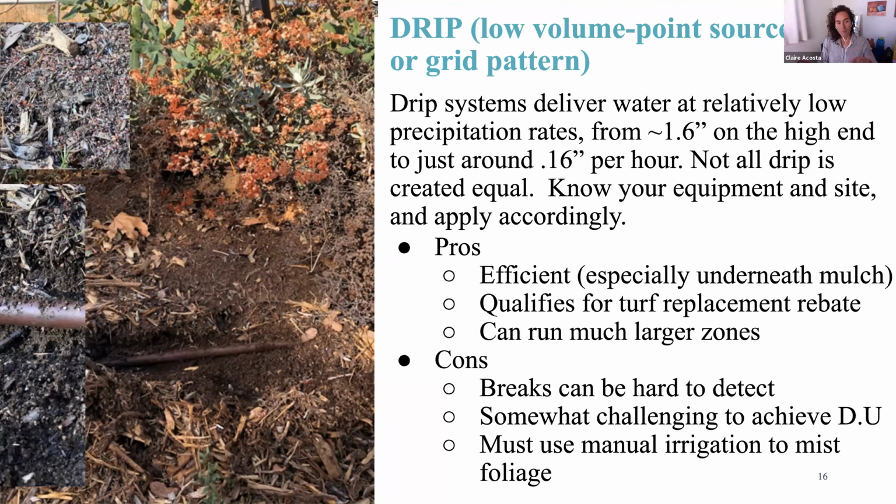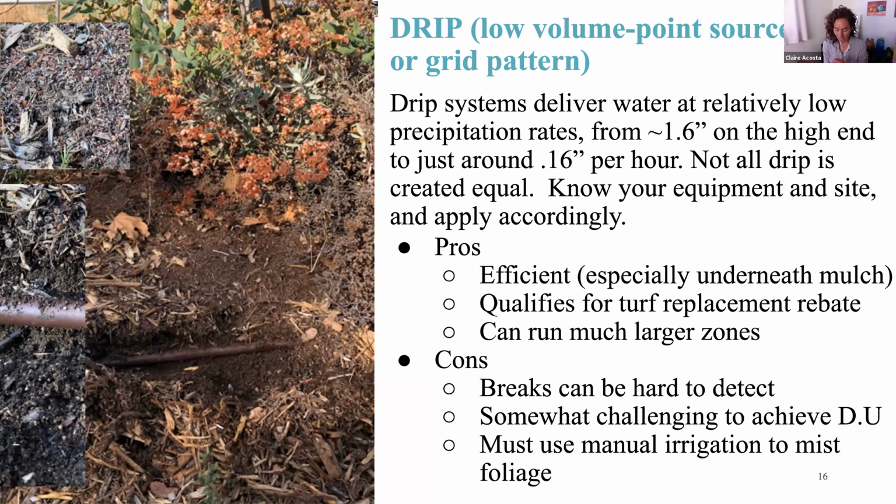Some of the really common errors with that type of drip system, the point source drip, is putting too few emitters. So maybe just putting one for a plant, or not adding more as the plant grows. You want to, again, make sure you're watering the whole surface area around the drip line of the plant. Another error is putting it too close to the plant, right at the base, and then suffering root rot, crown rot.